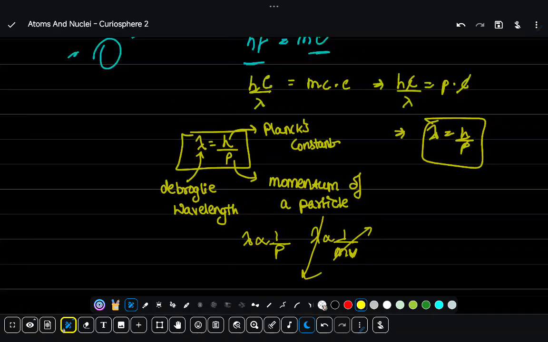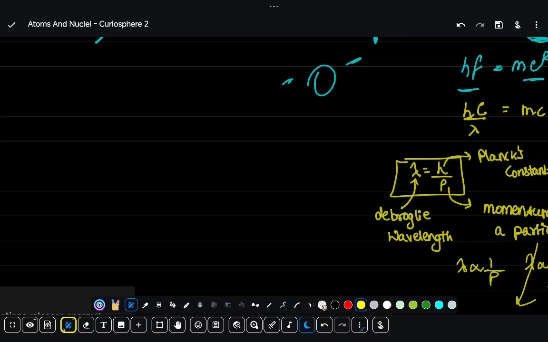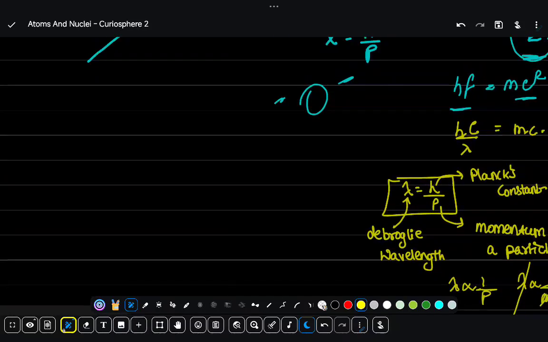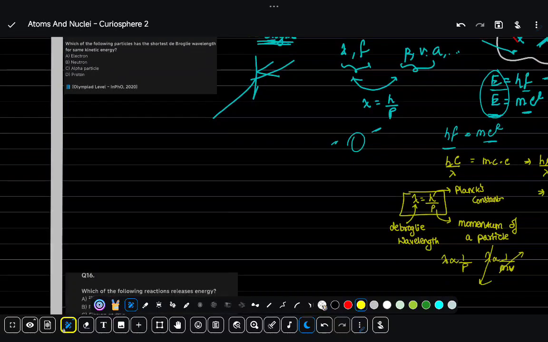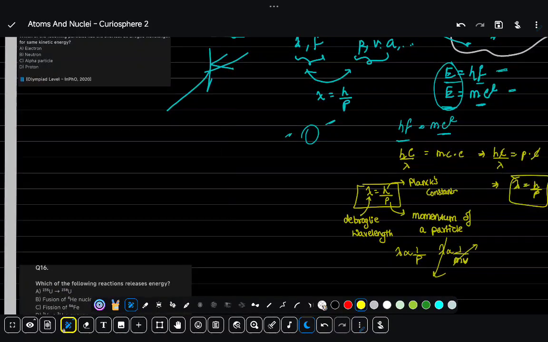And for momentum, we already know there is one formula. Kinetic energy is equal to p squared by 2m, right? Now p is equal to root over 2mK, where K is the kinetic energy.